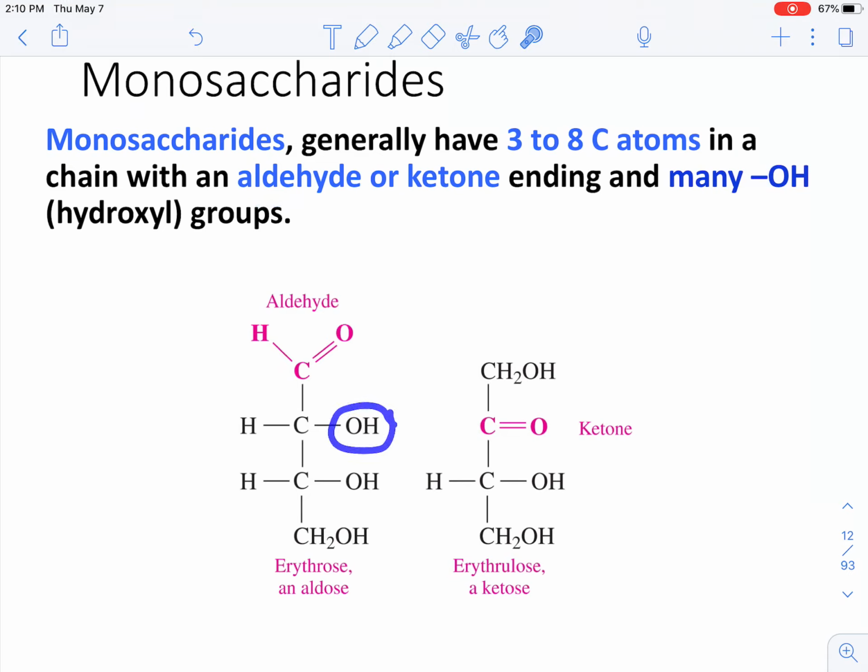You also see alcohols, or hydroxyl groups. Since hydroxyl groups are found extensively in saccharides in general, we don't use alcohols to distinguish one type of monosaccharide from another. We're going to use the aldehyde functional group and the ketone functional group to distinguish or classify one specific type of saccharide compared to another.